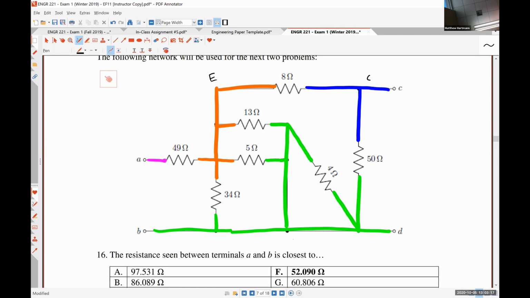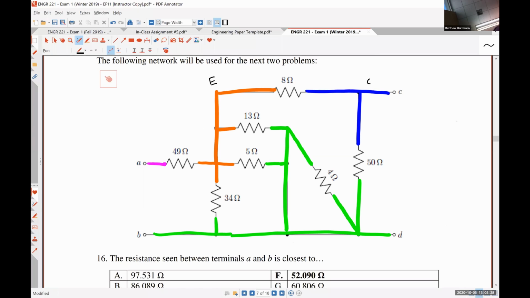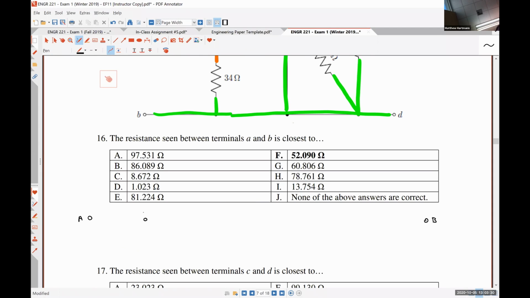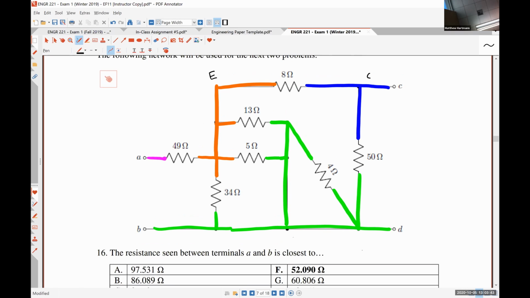Alrighty, so to go from A to B, I'm obviously going to have to go from A to E first. There's no other path that I can take. So that means I have the 49 ohm resistor right here. Now I can go from E to B directly, right?